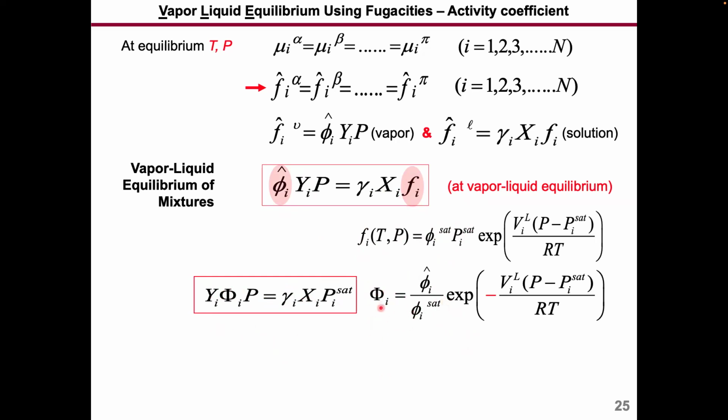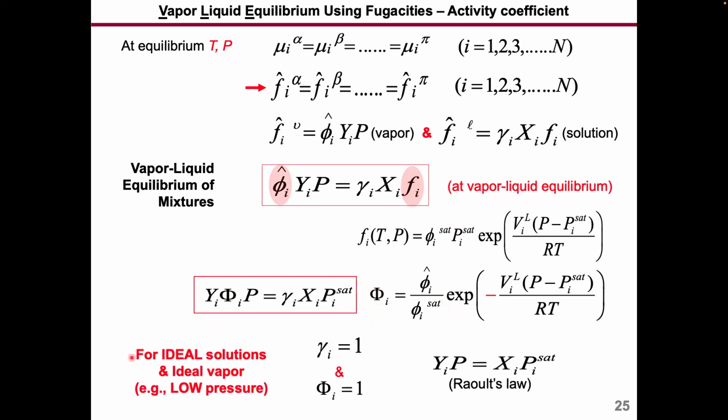Okay, so capital Phi_i. Now, for an ideal solution and ideal vapor, meaning that if you have low pressure, gamma i is equal to 1, capital Phi_i is equal to 1. So in the end, this real solution equation is like the general equation, right?